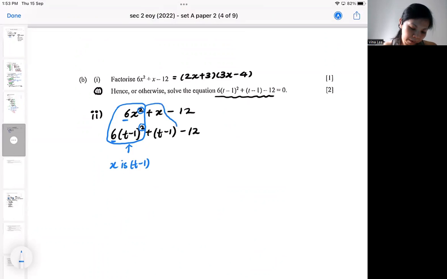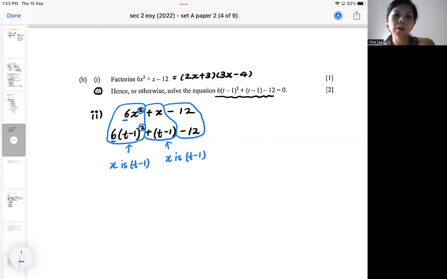If you compare this, you also get the same conclusion. And if you compare minus 12 and minus 12, obviously there's nothing to compare. They are the same. So if you stack them up to compare, you will realize that x is actually equivalent to t minus 1. So this is the thinking process.